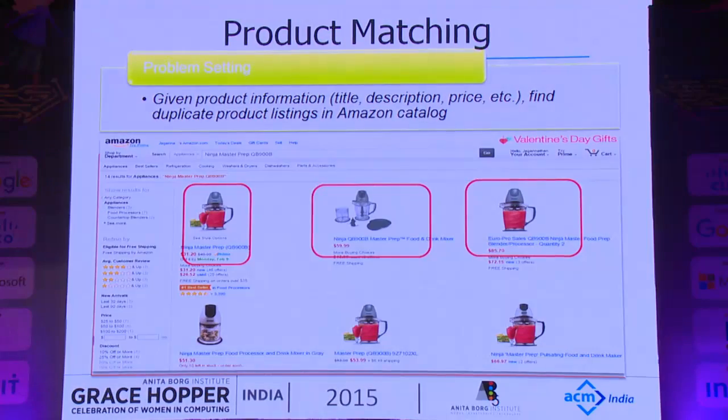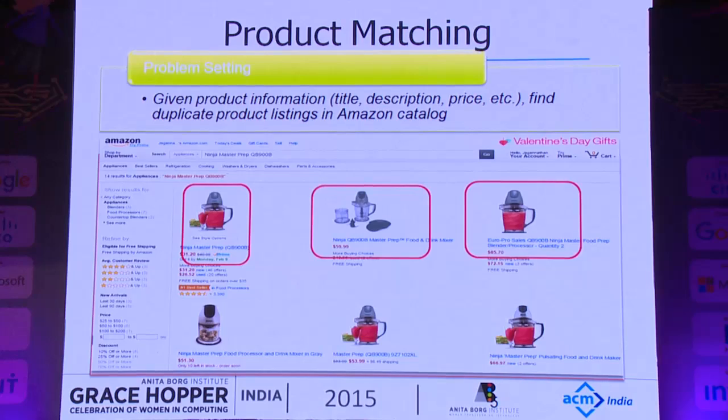So here the problem is, given product information like title, description, price, to find duplicate product listings in the Amazon catalog. For example, you might want to club all three into one product which talks about whatever this juicer or mixer is, and the color or the capacity can be its variants. So that is the problem.